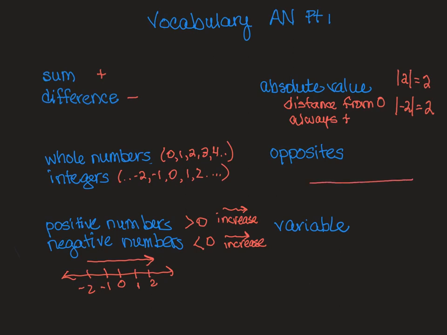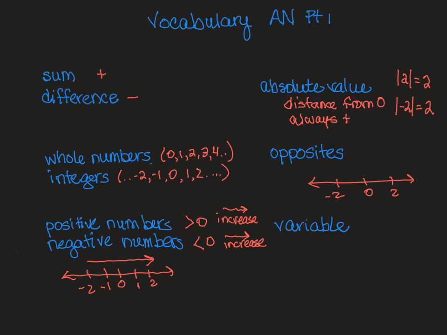Now opposites are on the other side of the number line. They have the same absolute value, but they have different signs. So I have -2 here and 2 here. They are opposites because they are the same digit, only with the opposite sign.